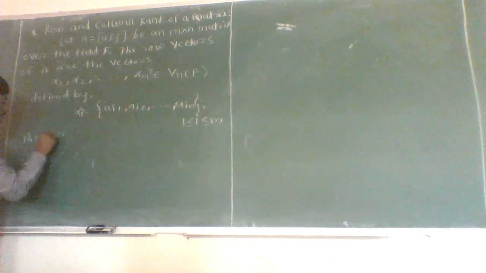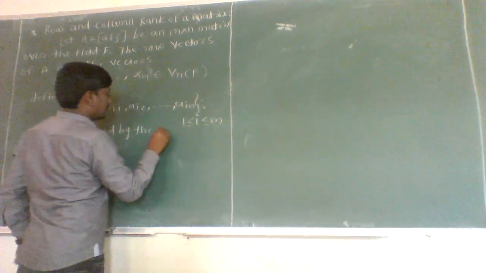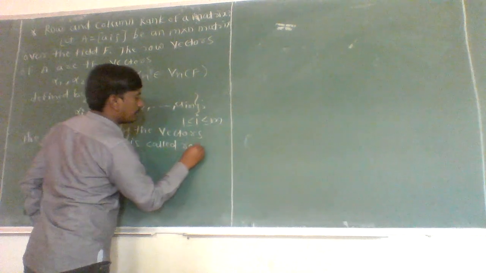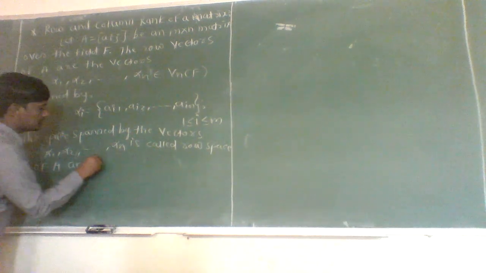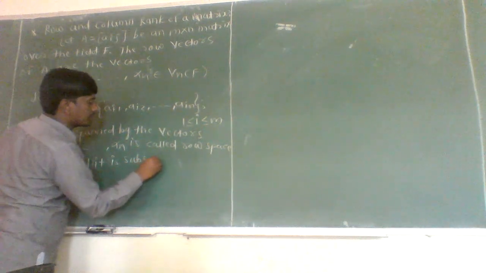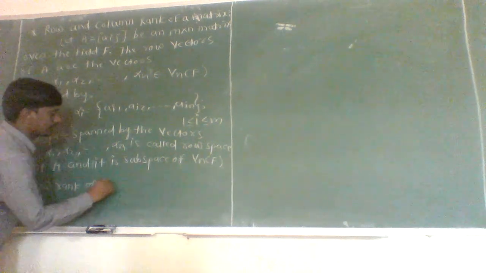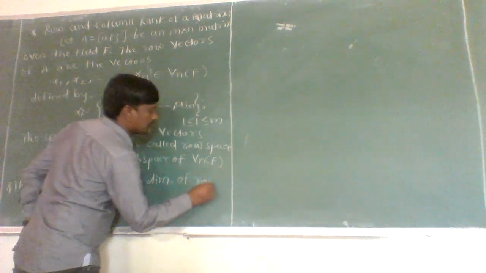The space spanned by the vectors alpha 1, alpha 2, up to alpha m is called the row space of A, and it is a subspace of the vector space Vn over the field F. The row rank of matrix A is the dimension of the row space of A.